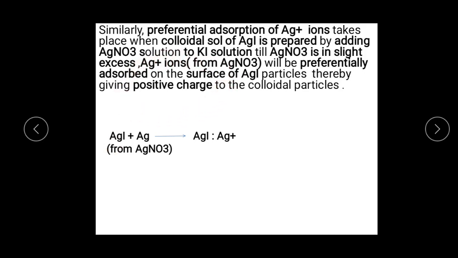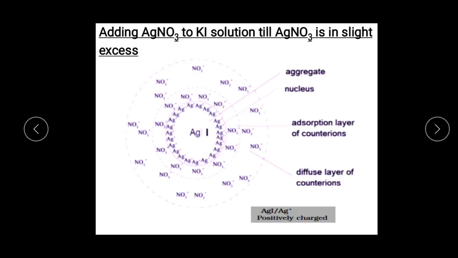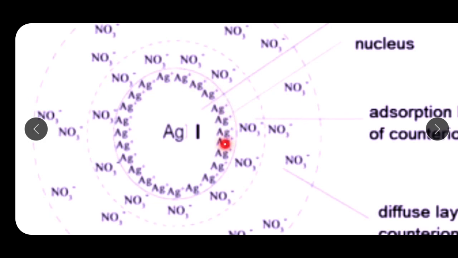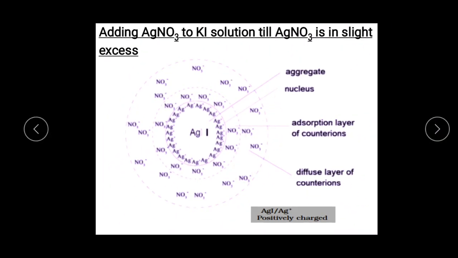So the AgI precipitate adsorbs Ag plus ions, and you get a positively charged sol. This is the reverse of what we saw earlier. Here you can see the AgI precipitate, and the Ag plus ions get adsorbed on the surface, the counter ions remain there, and you get a positively charged sol.